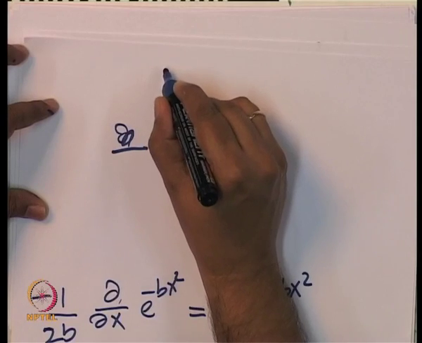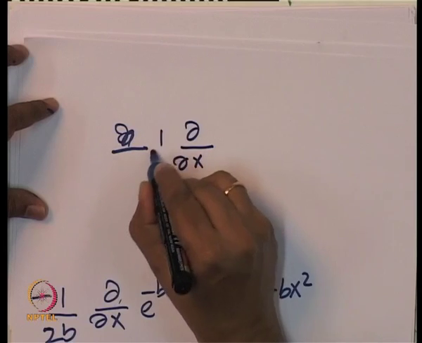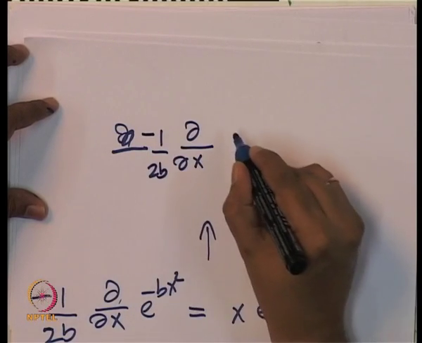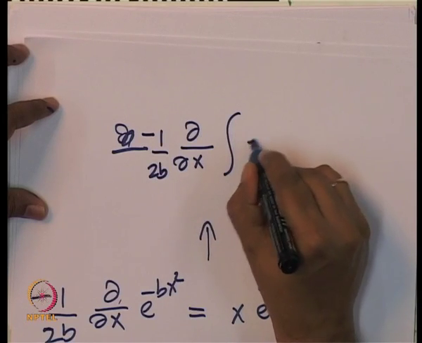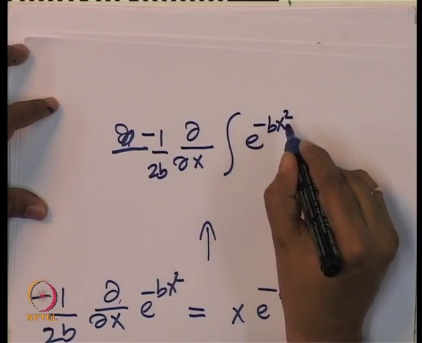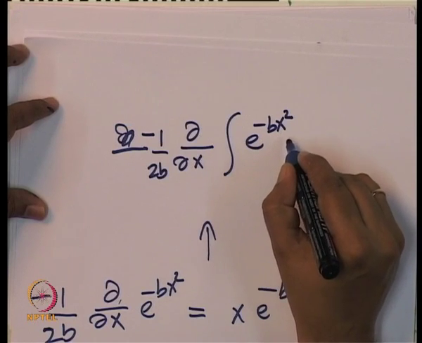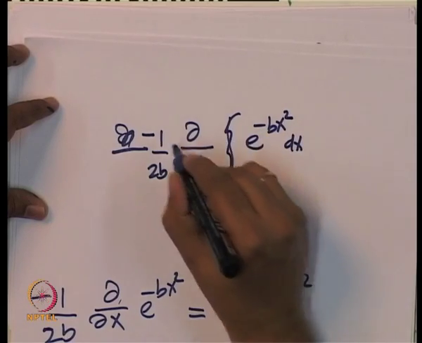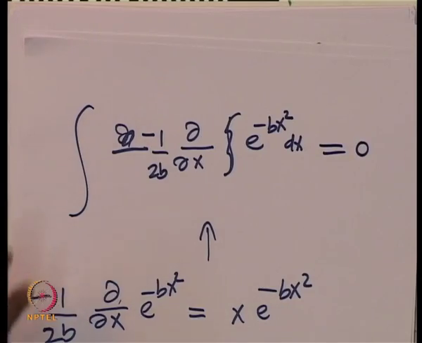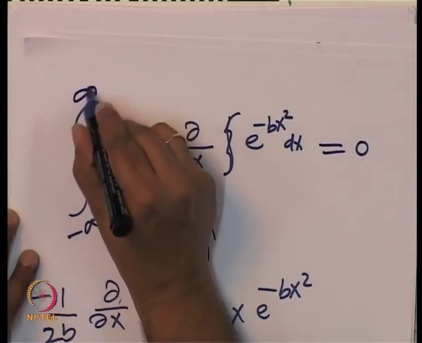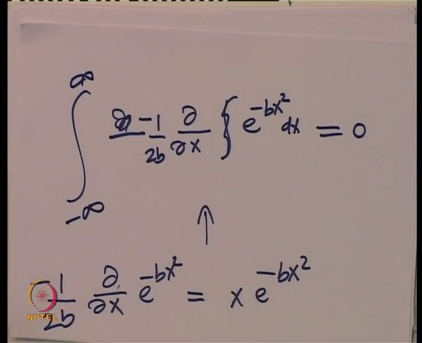What we want is minus 1 over 2 b del by del x of the integral of e power minus b x square dx. The integral has to be written outside. So, this is 0. You can convince yourself that from minus infinity to infinity, this is 0.